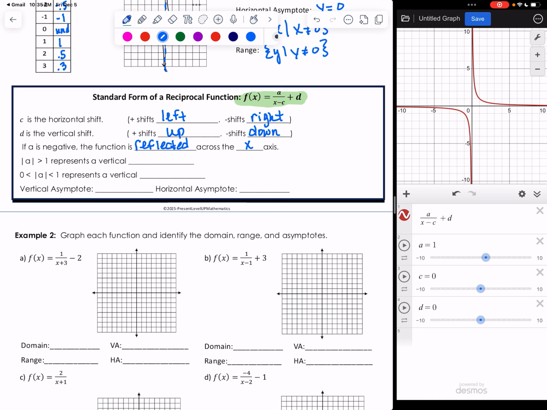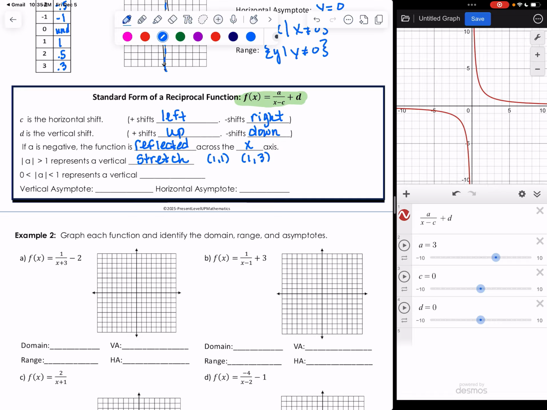All right. Now, if the absolute value of a is bigger than 1, this will represent a vertical stretch. So let's say that a was positive 3. So when a equals 1, in the original, let's say we have a critical point at (1, 1) on our parent function. Let's say I made the a value 3. Now, notice that that point becomes not (1, 1), but (1, 3).